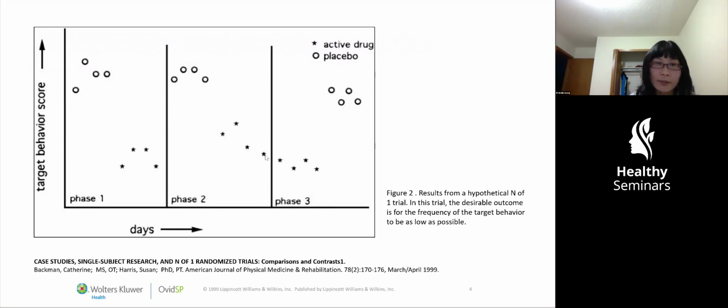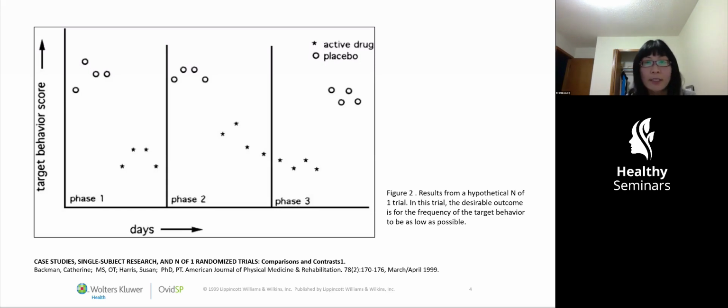And as you can see here, the results can be plotted. And the other advantage of the N-of-1 design is that we can conduct data analysis, depending on how many data points we have, which the other two previous designs would not be able to do. The N-of-1 design does require additional time. You can see it requires a longer phase to observe the back and forth between placebo and intervention.